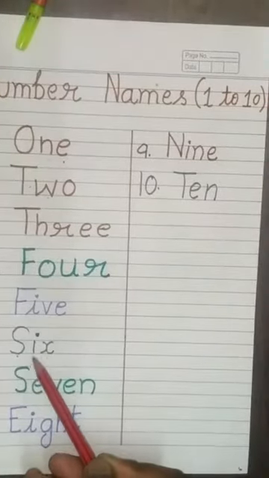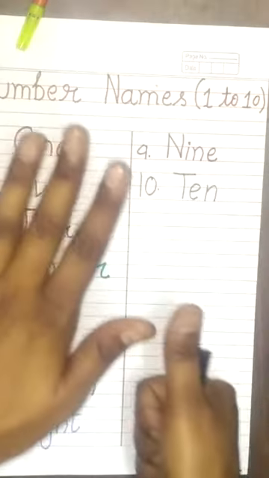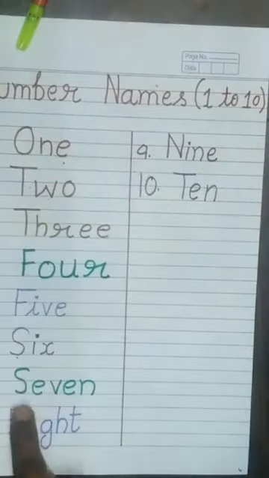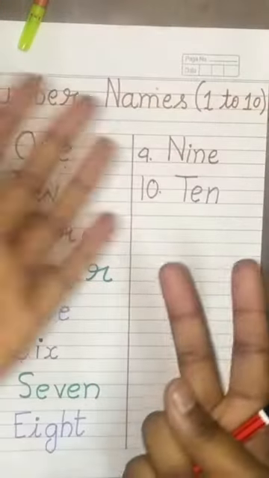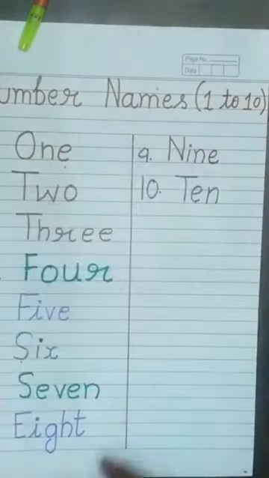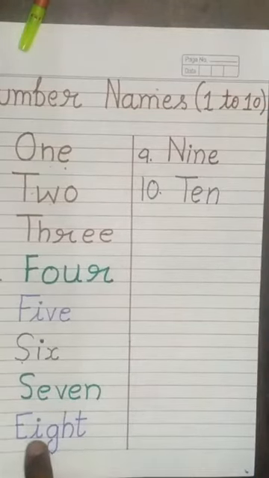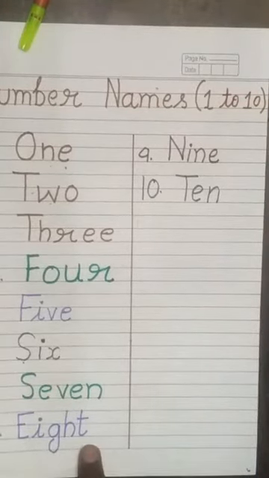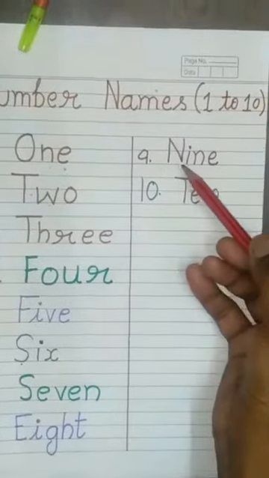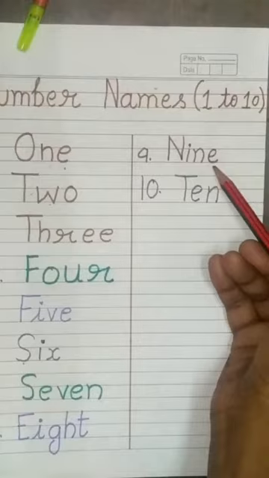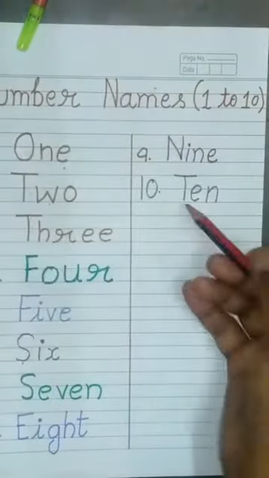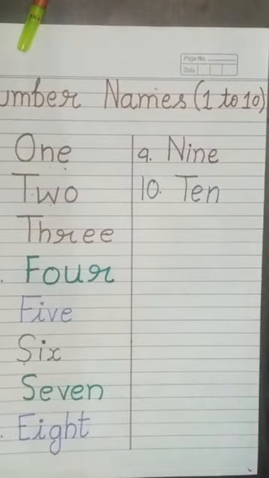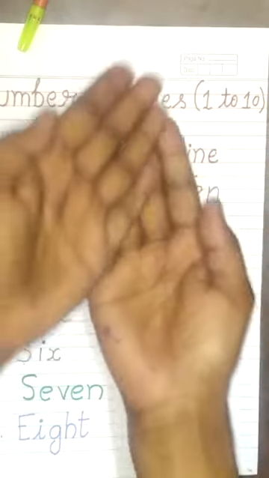S I X, 6. 6 means छः. S E V E N, 7. 7 means सात. E I G H T, 8. 8 means आठ. N I N E, 9. 9 means नौ. T E N, 10. 10 means 10.